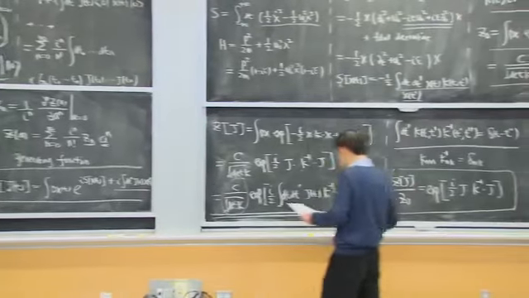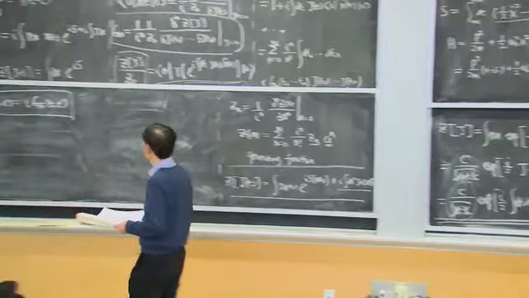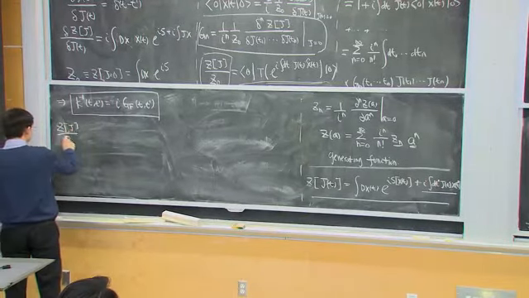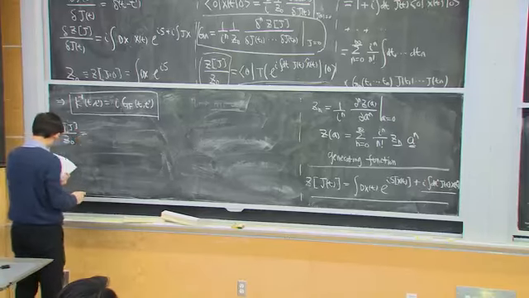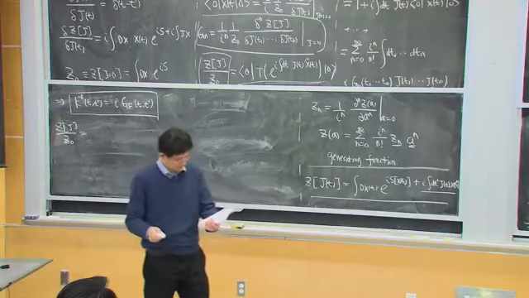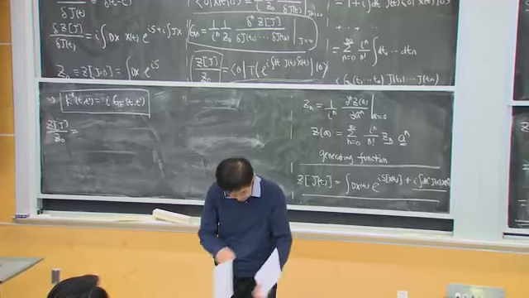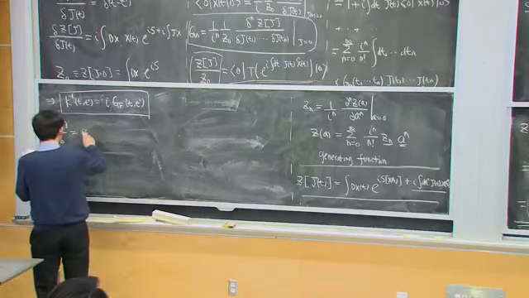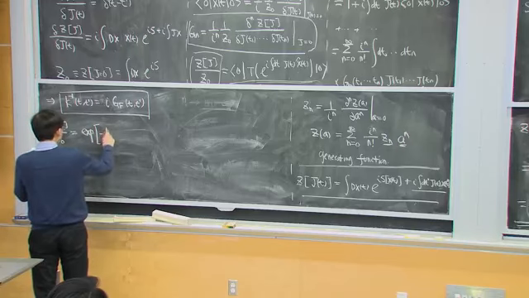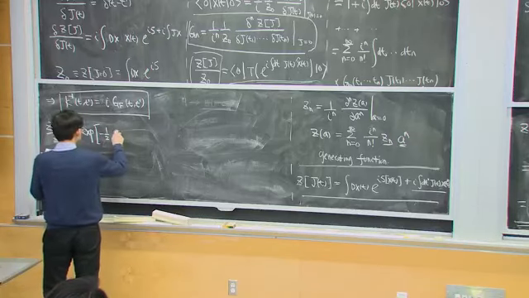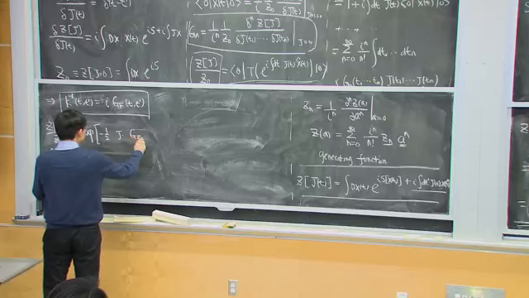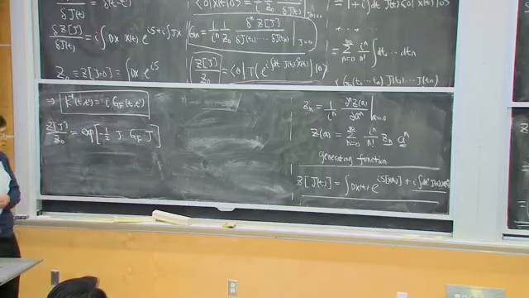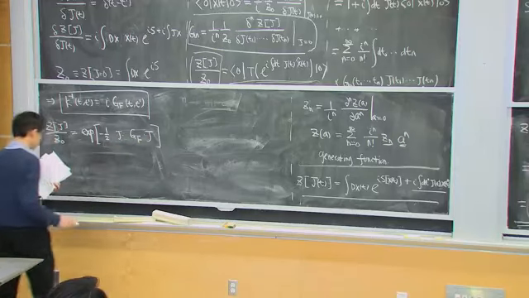And then we learned that Z[J] divided by Z[0] is just equal to exponential of minus 1/2 J G_F J. So now everything is determined by this G_F.